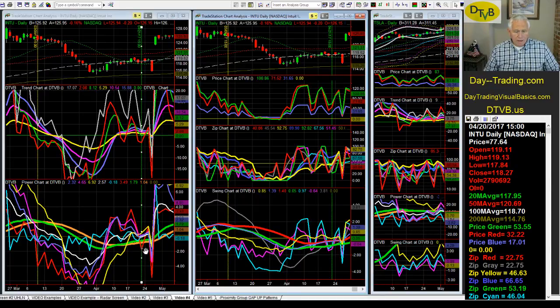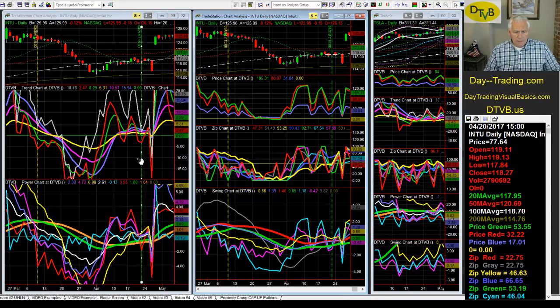We do have the power green and orange under 0, as well as the swing red and green under 0. And we have the trend trio, pink, blue, pink, yellow, just barely over 0. They're real low, relatively speaking, compared to other days over here.